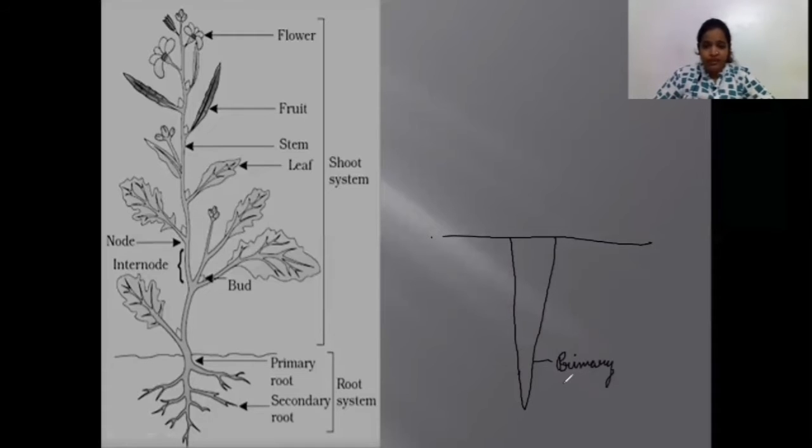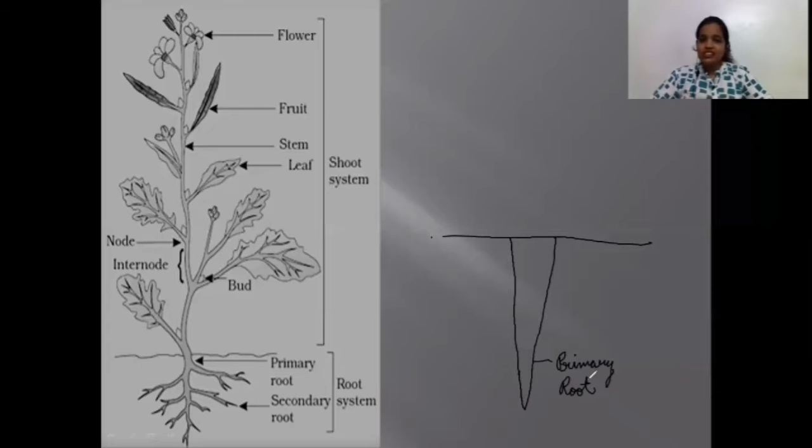Terms are very important. Remember, this picture is never asked in the exams, but we need to know about the parts of the plants because these terms will be used. Their characters are asked in the exams, and the terms will be used mainly in two chapters, plant morphology and chapter number 6, plant anatomy, where we will study the internal structure of the plant.